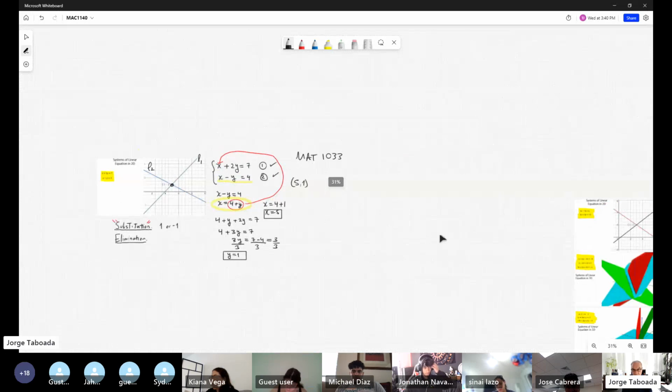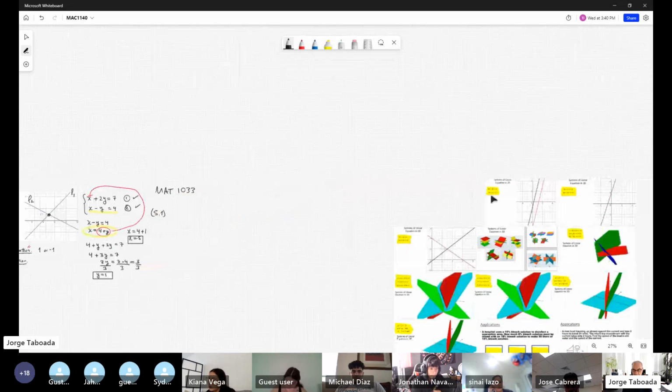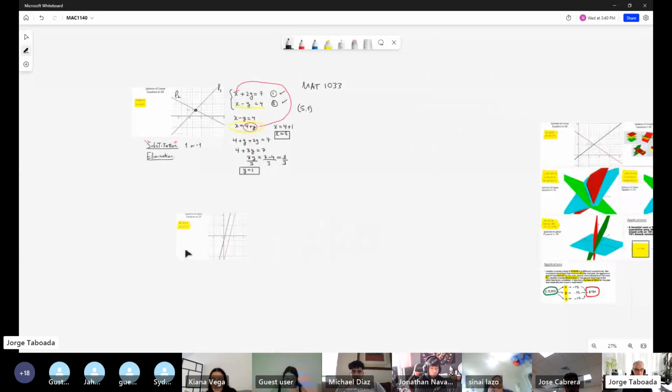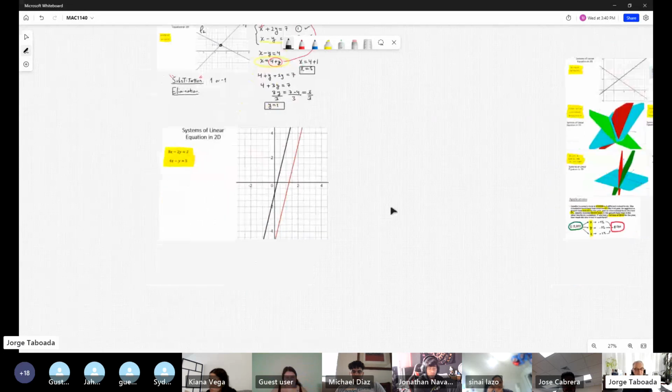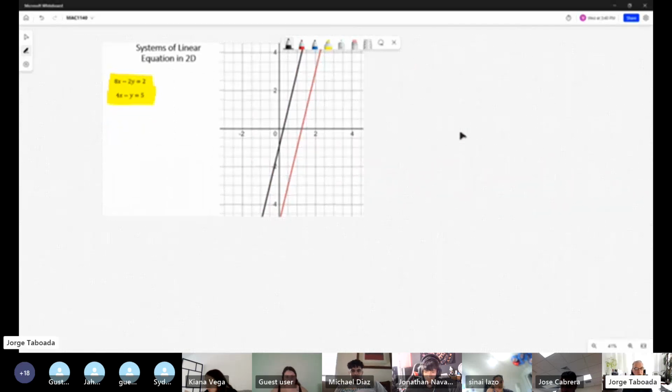Okay, let's move on to the second example. It's a little bit weird. Look at that. We have two equations again, two unknowns.